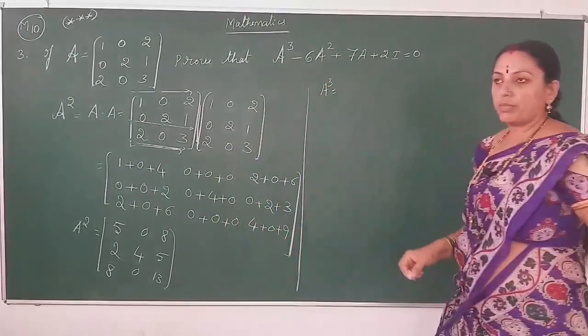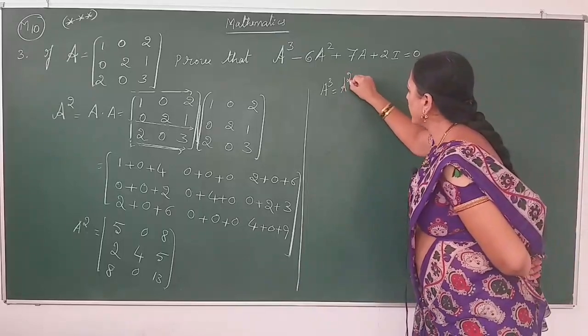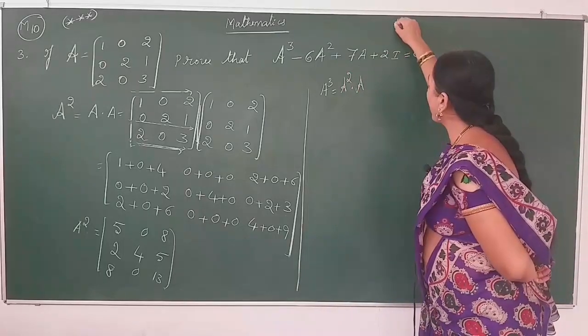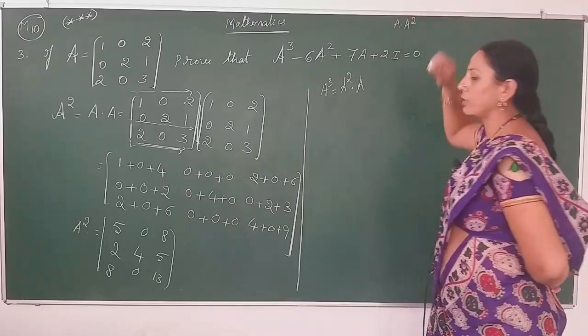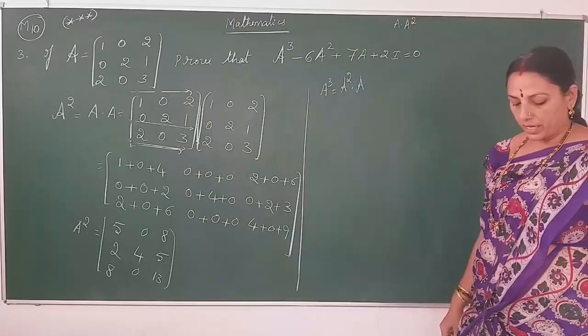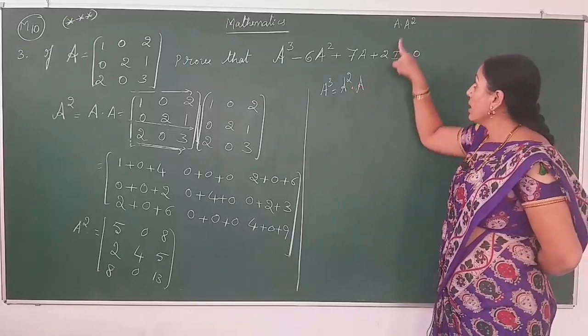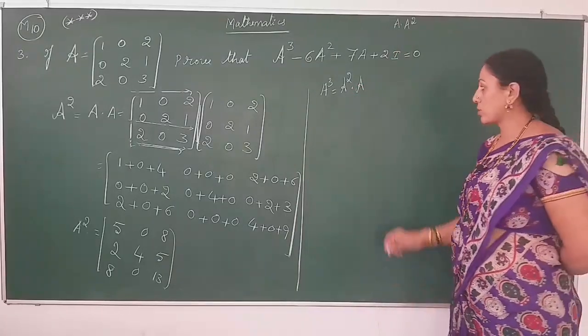A cubed can be written as A squared into A or A into A squared, so both are possible. A cubed can be written as A squared into A, otherwise A into A squared.